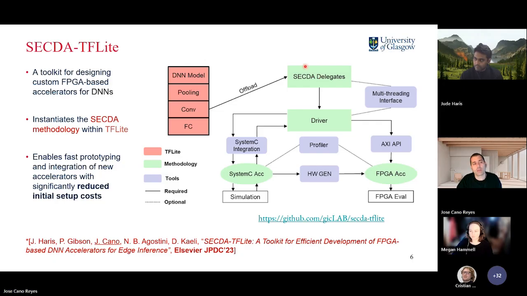This is a mechanism that TensorFlow Lite offers. And basically, I then upload this to our accelerator, and I can do simulation or real hardware execution. Here you see in between how we have this hardware synthesis or hardware generation. Okay, so this is basically what we did, integrating the TensorFlow Lite framework with our methodology.